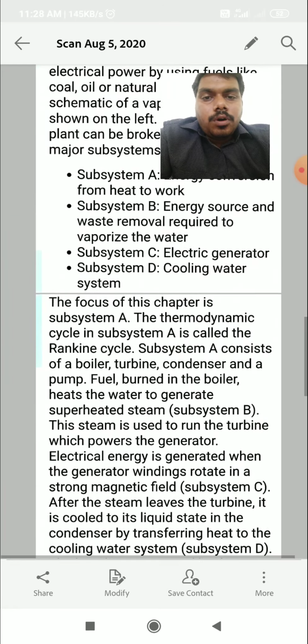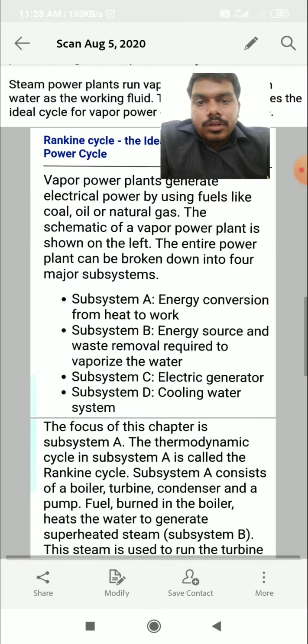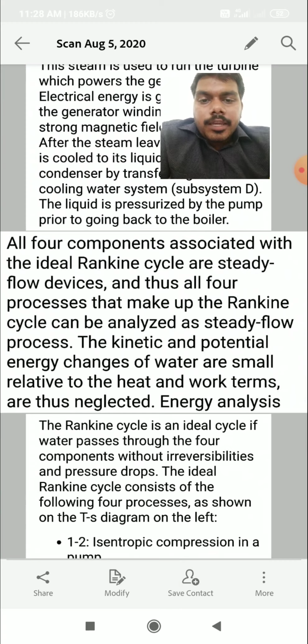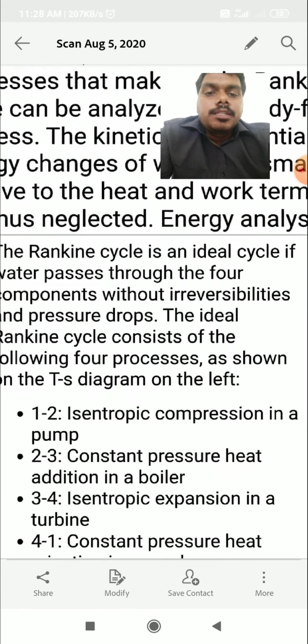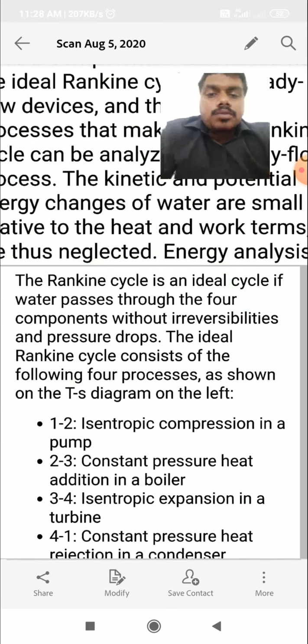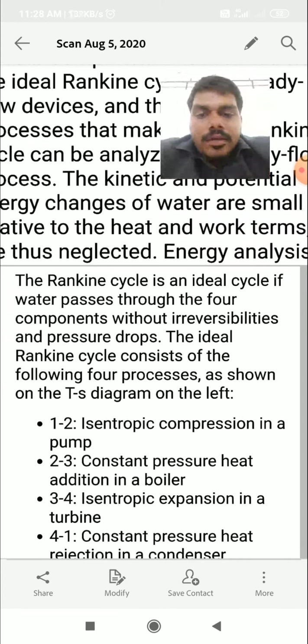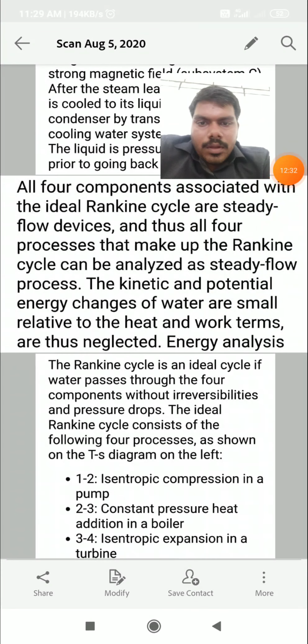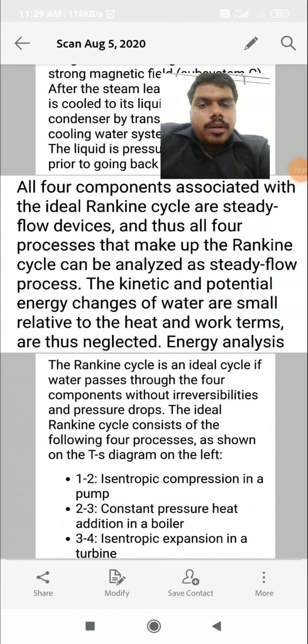These four steps make the Rankine cycle. We will be studying the energy analysis, where the kinetic and potential energy changes of the water are small relative to the heat and work terms.